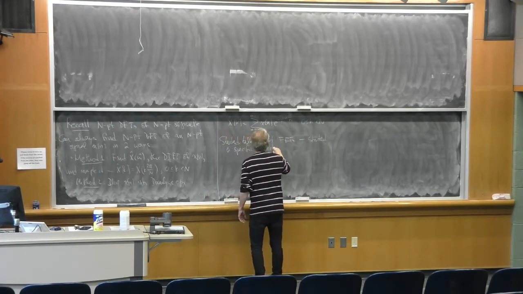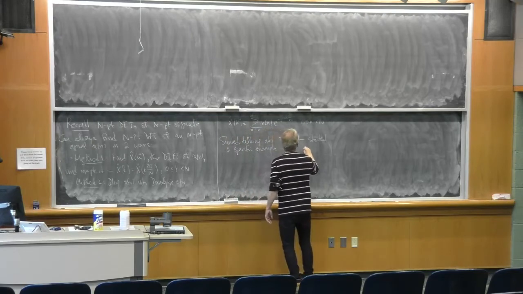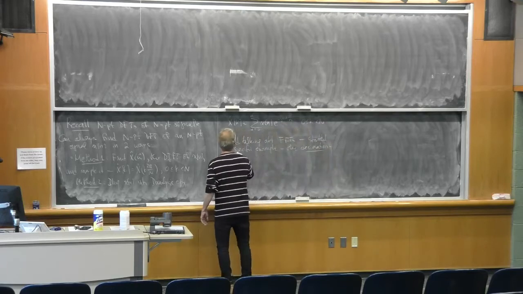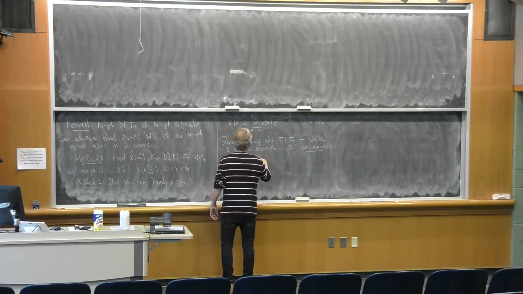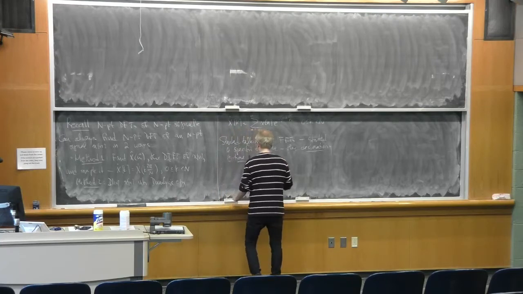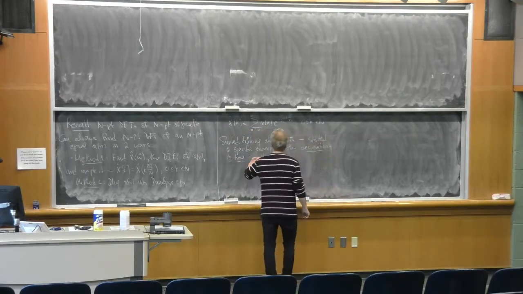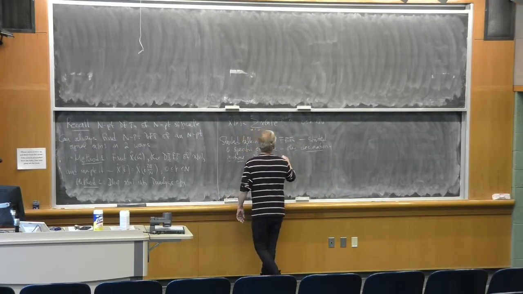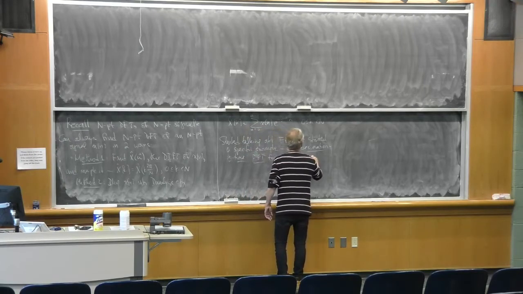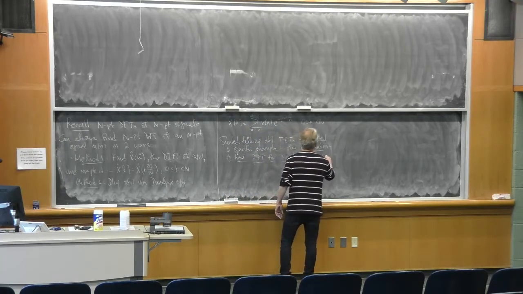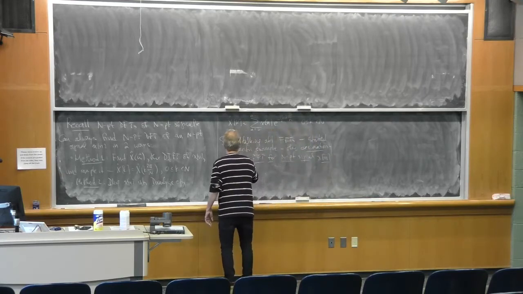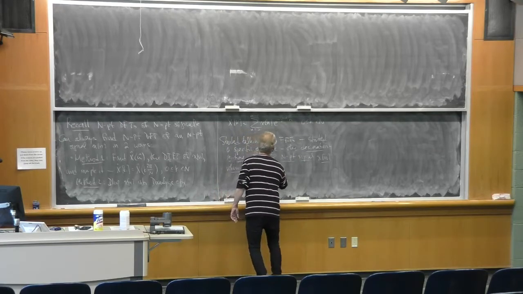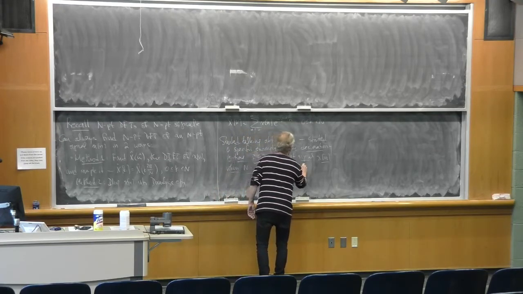That is the decimation in time FFT for an endpoint signal x of n, when n is a power of 2. So n equals 2 to the q for some integer q bigger than 0. Okay?